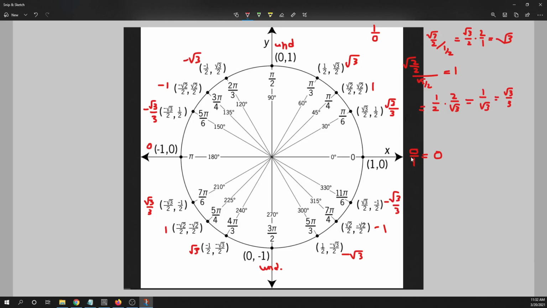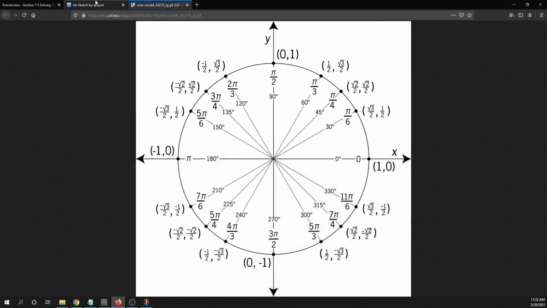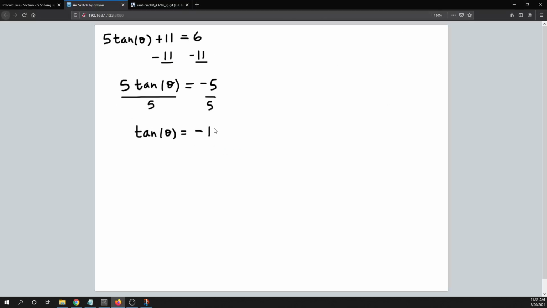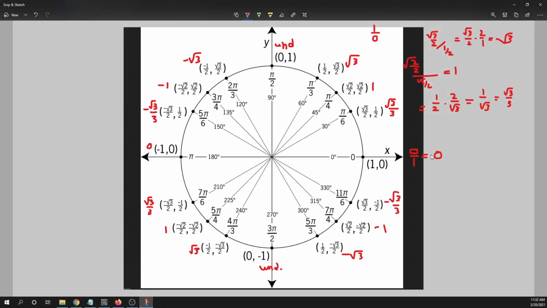Okay. So now that we have our values of tangent here, it's a little bit easier to do this problem. So we're going with tangent equals negative 1, right? So what we do is walk around our unit circle with our tangent values and look for a negative 1.